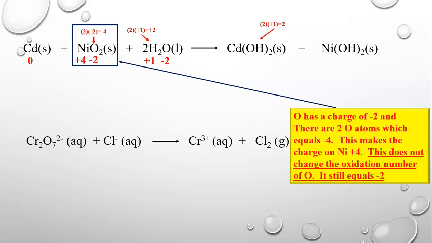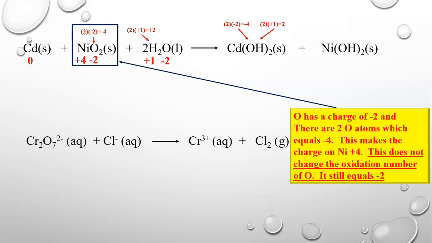Okay, hydroxide. So hydrogen has a +1 charge. There's 2 of them. So that 2 is outside the parentheses. That means you have 2 hydrogens. You also have 2 oxygens. So for the hydrogen, that's going to be a +2. For the oxygen, it's going to be a -2, and you have 2 of those as well because the 2 is outside the parentheses. So that's a -4.